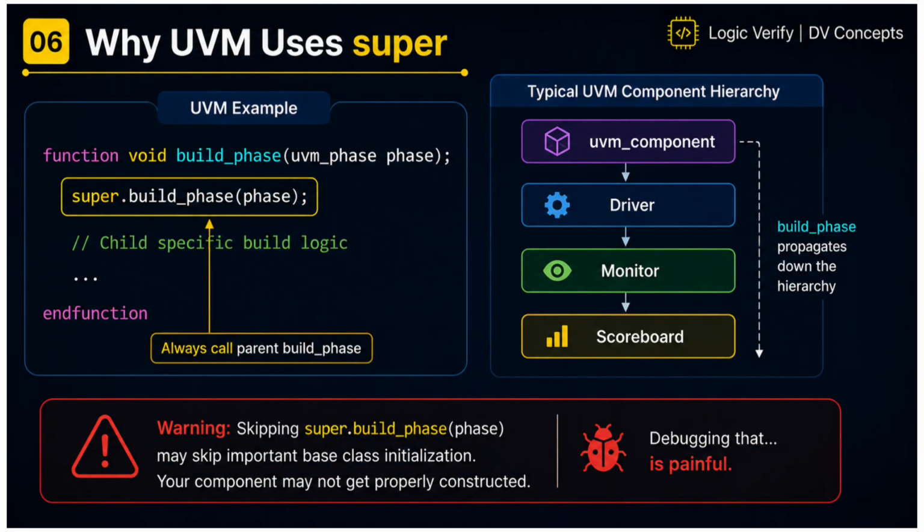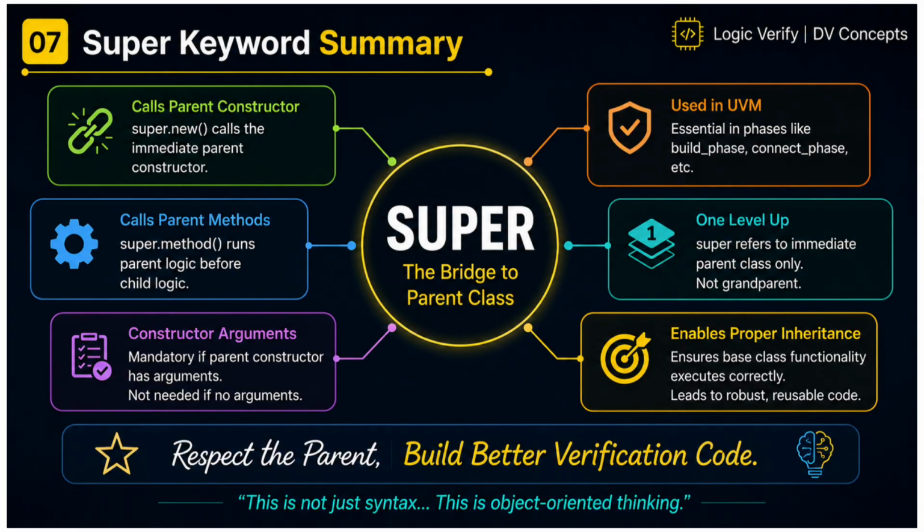In UVM, you always see this line, super.build_phase. If you skip this, base class functionality will not execute and your component will not get properly constructed. And debugging that is painful. Important difference: this refers to the current class object. Super refers to the immediate parent class. It does not jump to the grandparent, only one level up.